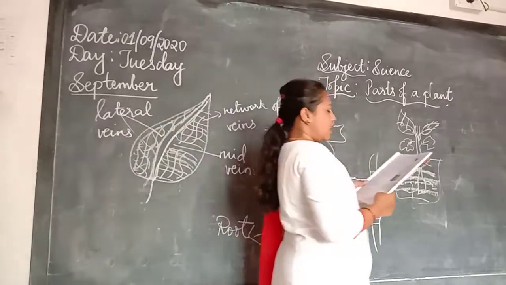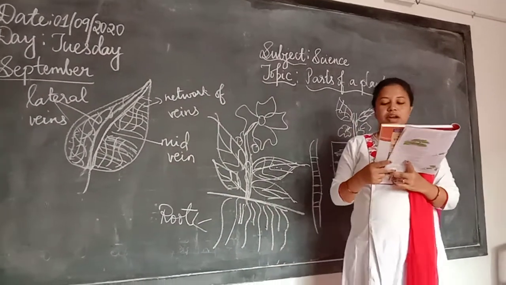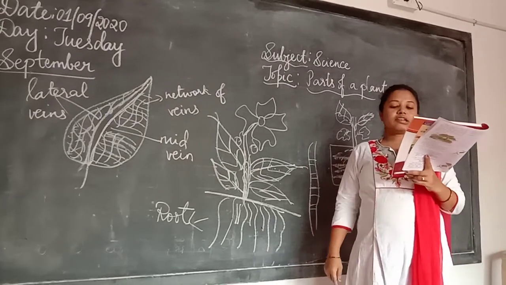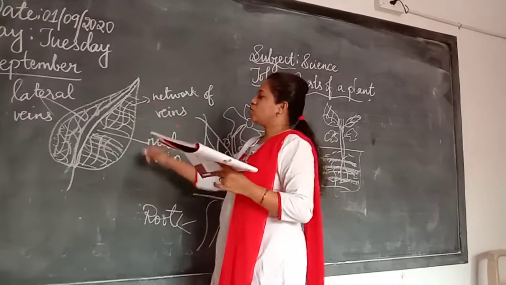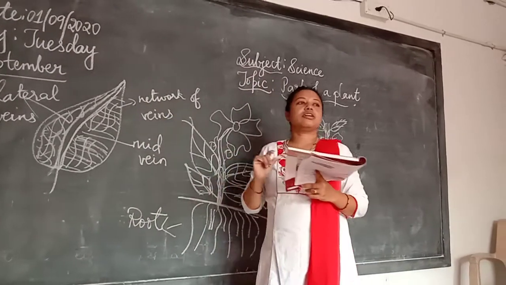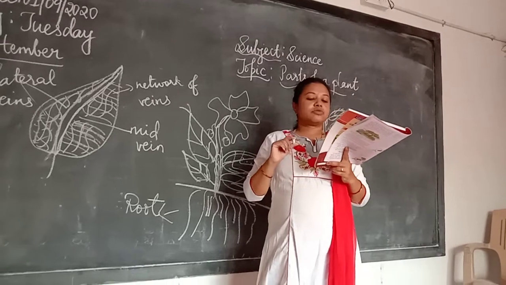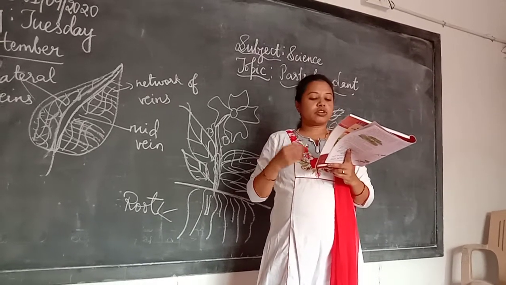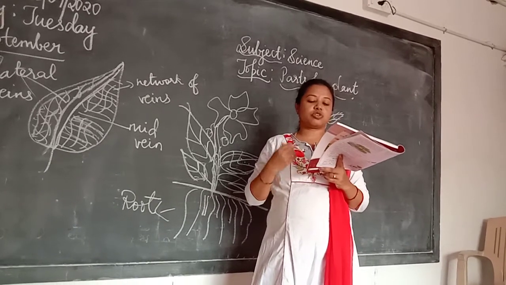Now the lowest layer of these cells of the leaf has openings called stomata. So air enters and exits through the stomata. So even, present on the leaf. So the excess water reaching the leaf through the rows of cells is also thrown out through the stomata.